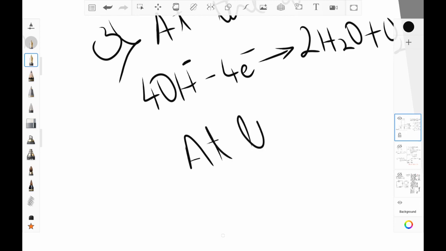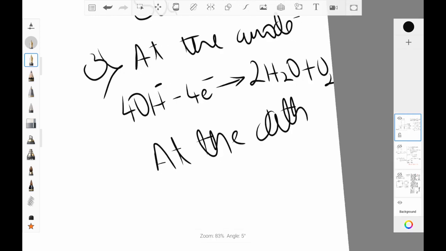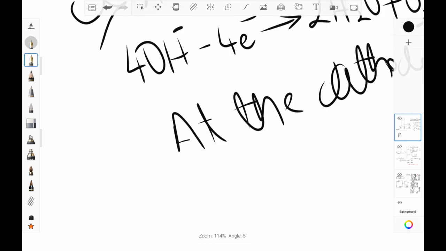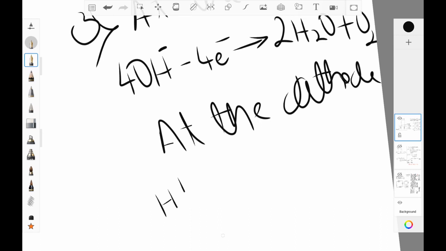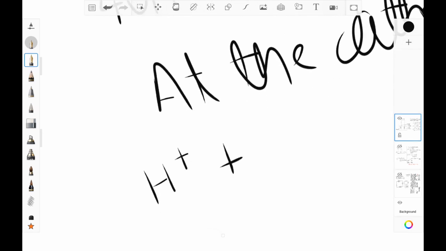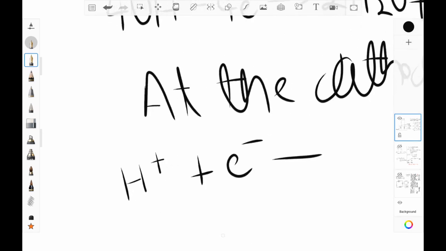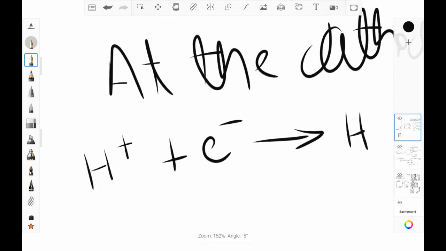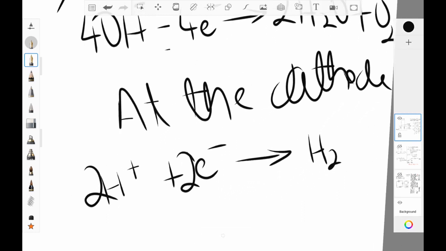The discharge that occurs at the cathode is just the discharge of hydrogen ions. So you have H plus plus 1 electron, which gives you hydrogen. Remember, hydrogen is a diatomic molecule, so you balance accordingly. And the second thing you need to remember is that the number of electrons in both half equations, or the coefficients, should be equal, ignoring the symbol.